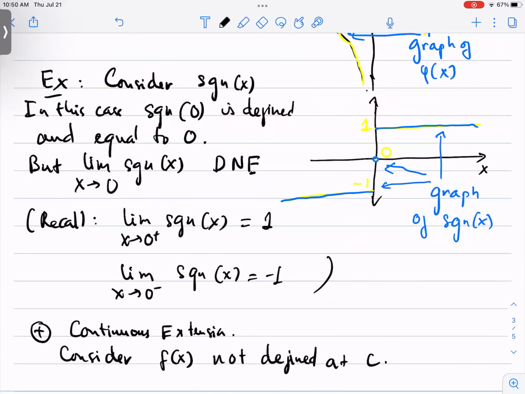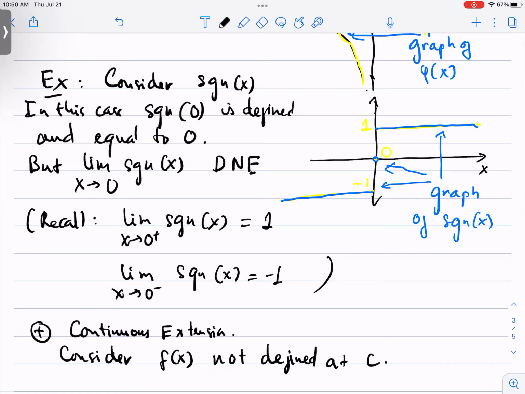Another example of a discontinuous function is the function psi of x. Remember, this function is defined to be 1 for positive numbers, -1 for negative numbers, and 0 for 0. In this case, the function is defined and equal to 0, but the limit of the function when x approaching 0 does not exist.